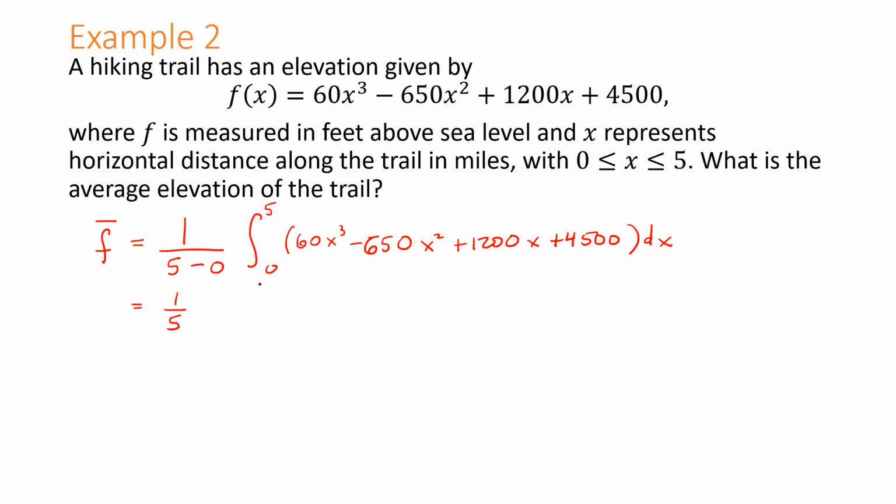And then integrating here, we get, let's see, 60x to the 4th over 4, minus, let's see, this will be 650x cubed over 3, plus 1,200x squared over 2, and then 4,500x. And evaluate from 0 to 5.